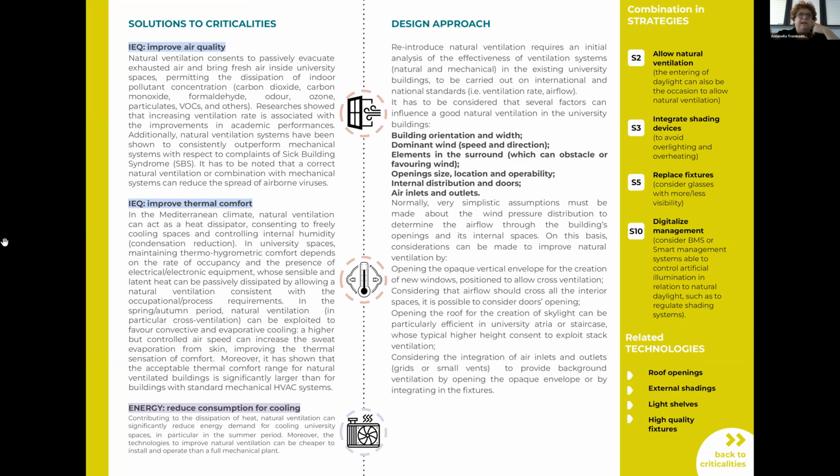And again, the relation between solution and criticalities related to comfort, thermal comfort, air quality, energy consumption. So the similar criticalities that we need to solve with our action, and the design approach. So how is possible to introduce this kind of solution, and the combination of the strategies.